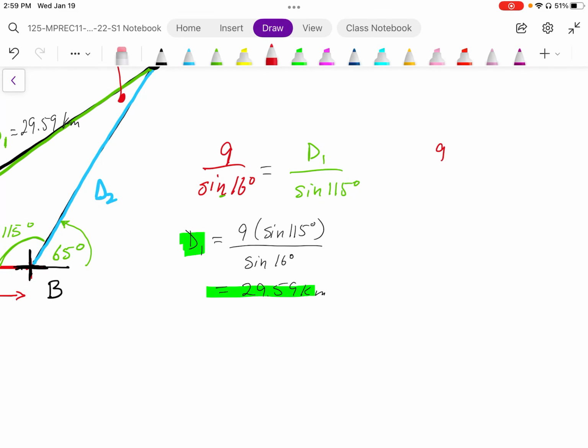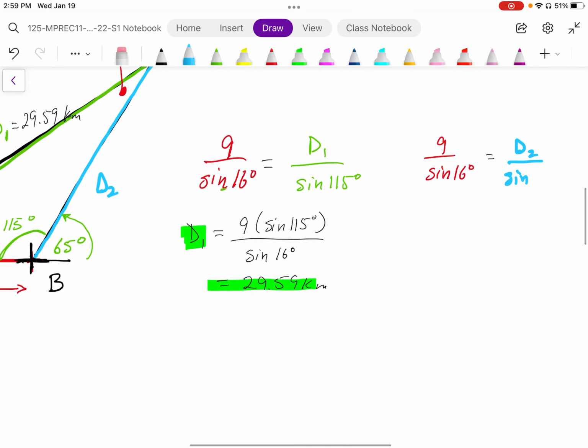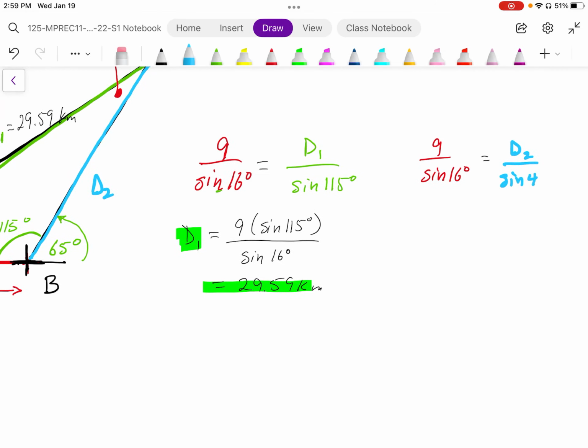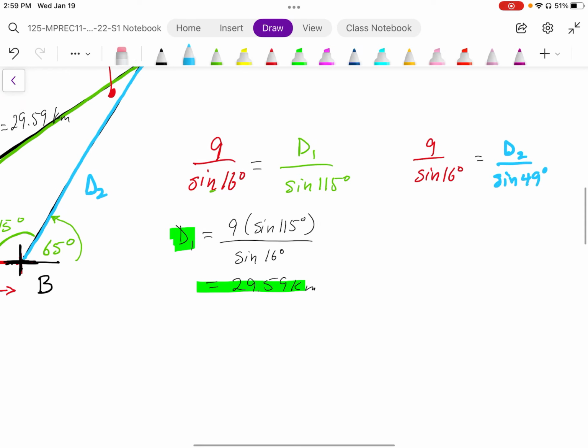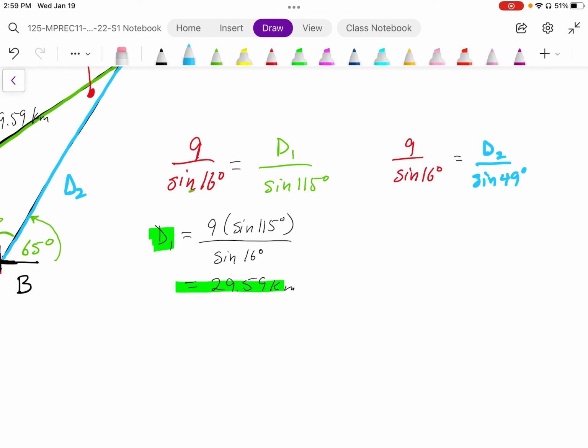So D2, we do the same thing, except in this case, we're going to set up the same ratio, 9 over sine 16 degrees. That's going to be equal to D2 over sine of, in this case, 49 degrees. Okay, so there's my ratio solving for D2.